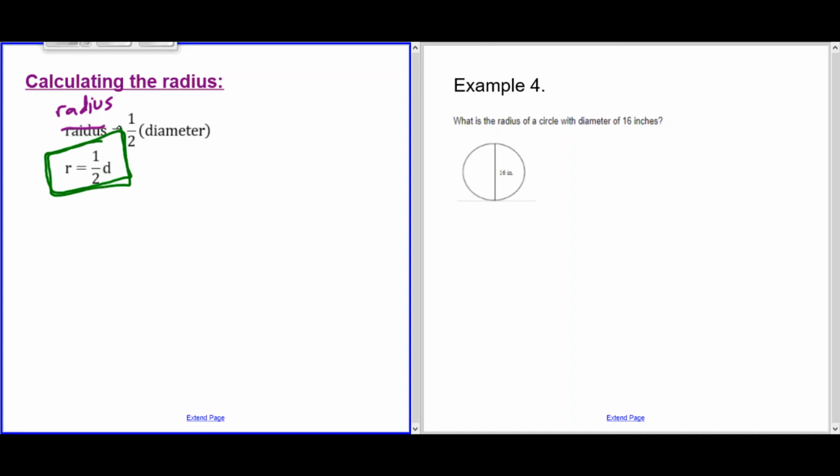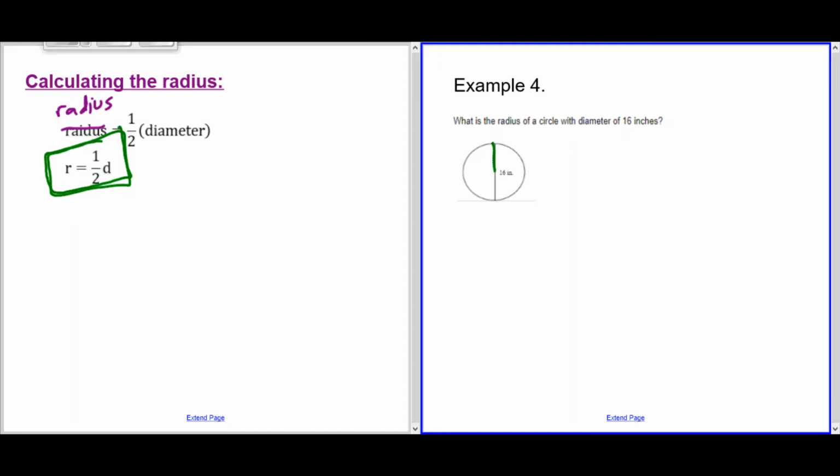So here's example 4. What is the radius of a circle that has a diameter of 16 inches? Remember, the diameter goes all the way across the circle. So my diameter is 16. If I want to figure out the radius, I want to say the radius equals 1/2 of the diameter. I know what the diameter is.